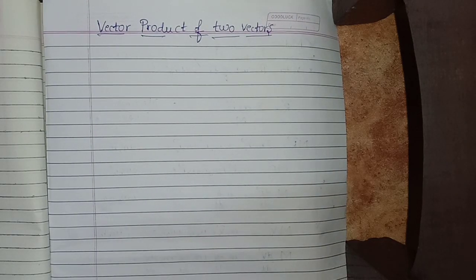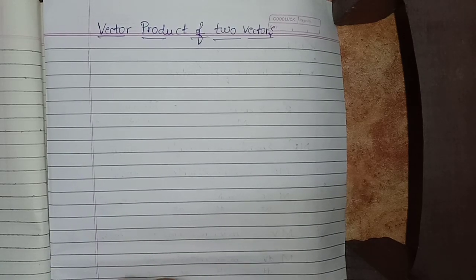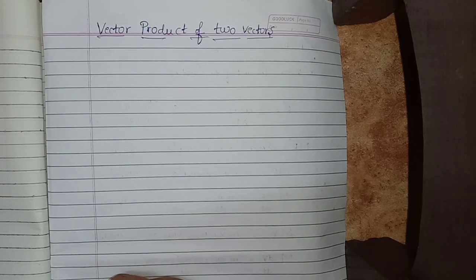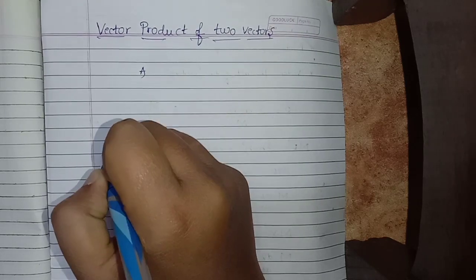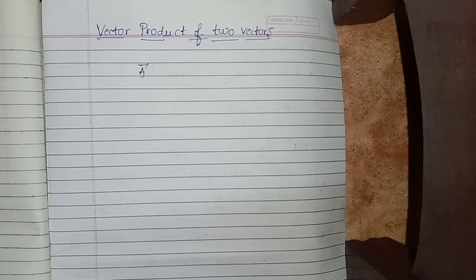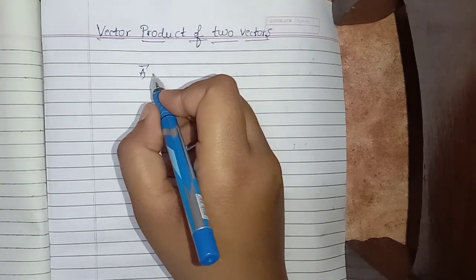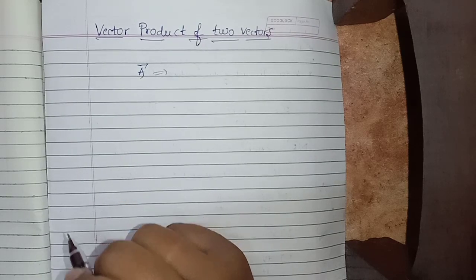So what is meant by a vector? You already know that a physical quantity which has both magnitude and direction is called a vector. If A is a vector, it is written like this, because it not only has a particular value, it also has one particular direction.